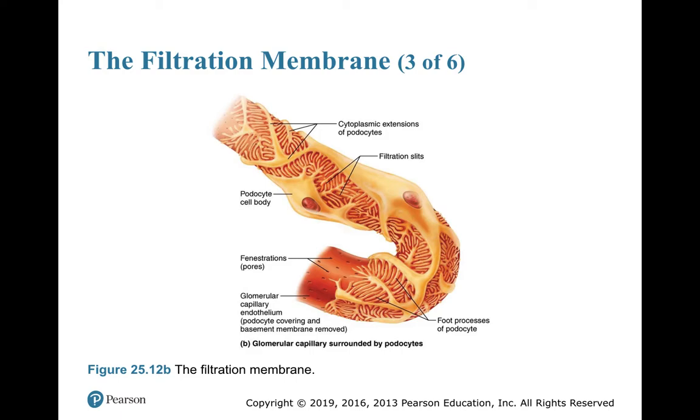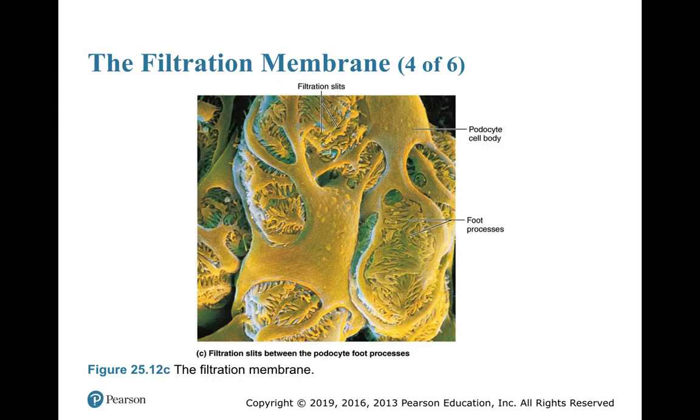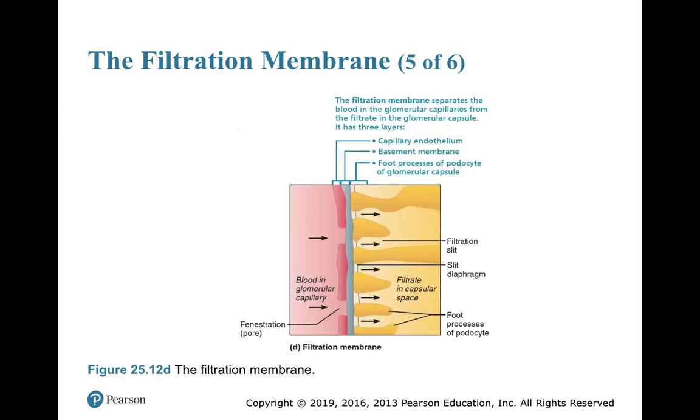And if we look closer, you see the way the podocytes wrap around them and the little foot-like extensions making filtration slits. And this is the same thing with an electron microscope. So plasma in the blood makes its way through the filtration slits, and over here it becomes filtrate.